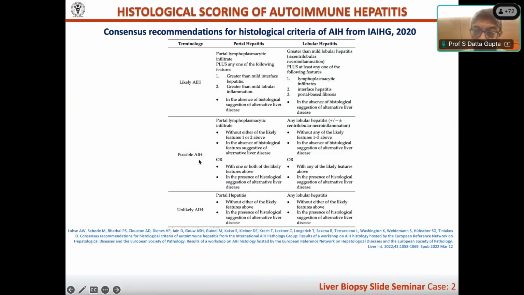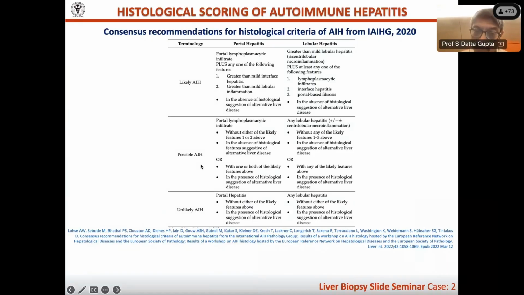Possible means less likely: you find infiltrate without any of these above features, or with one or both of these features, in the absence of histological features. Lobular also without any of the other 3 features, you just find some lobular inflammation. In the absence of any other reason for this, you can think it is possible.